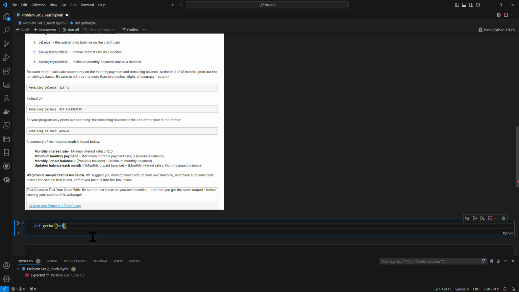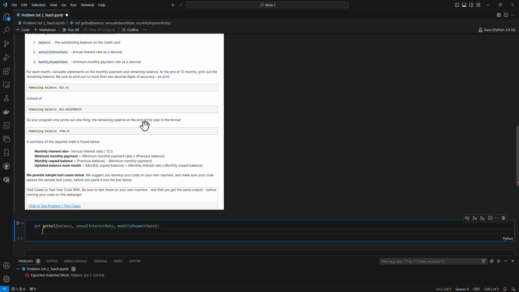It should start with balance because we need three input variables: balance, second is annual interest rate, and thirdly, monthly payment rate.